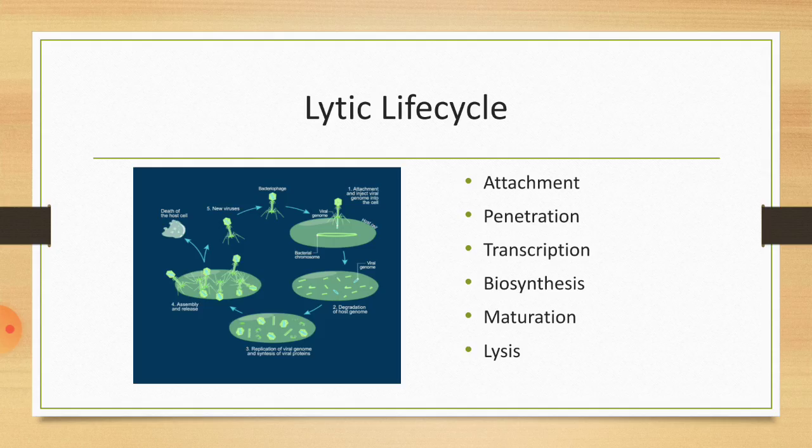So in the lytic life cycle, actually it was described by Delbruck in T-even phages. In lytic life cycle, virus genome gets entered into the host, but it does not get integrated with the bacterial genome. It remains separate till the end of the life cycle. By taking the control of the machinery of bacteria or host, it replicates and increases its number.